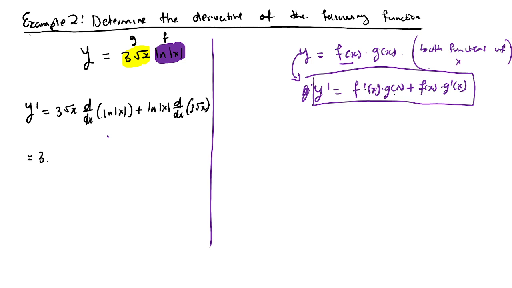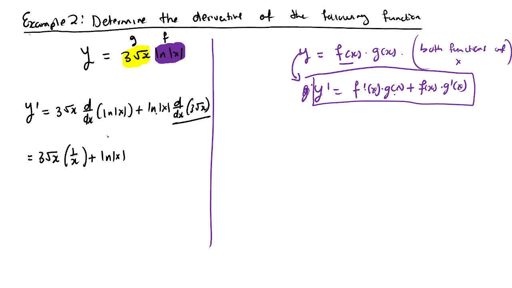So we have 3 square root of x. The derivative of ln of x is 1 over x, plus ln of x. Now we take the derivative of this guy, which is 3 square root of x. How are we going to take the derivative of 3 square root of x?